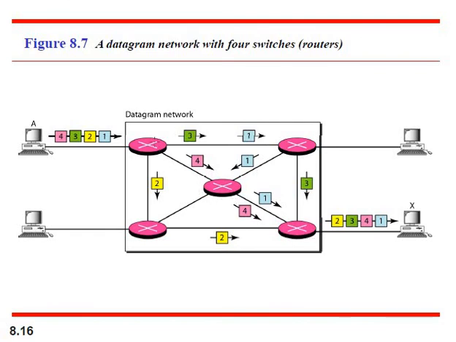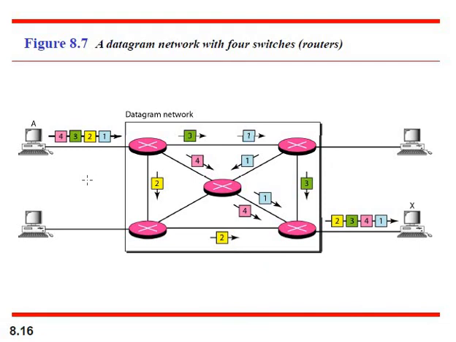Here we are not reserving the routers, and we are not reserving these links, so we call this a datagram network. One more example I can give: when we move on the road, the roads are not reserved, that is an example of a datagram network.